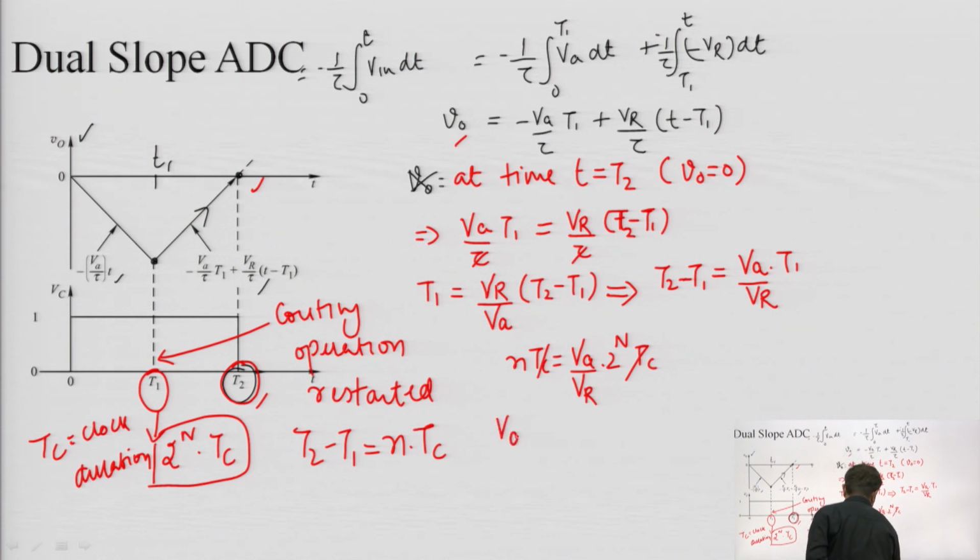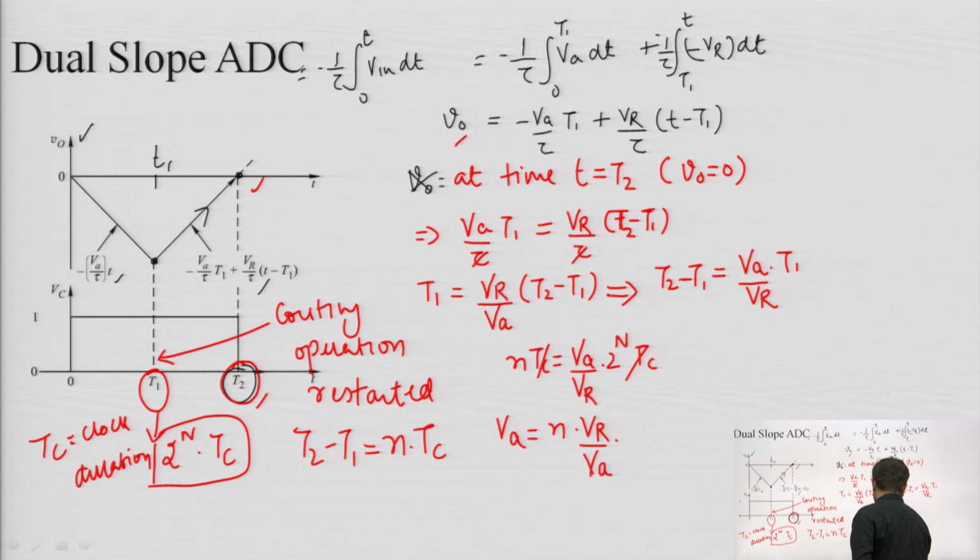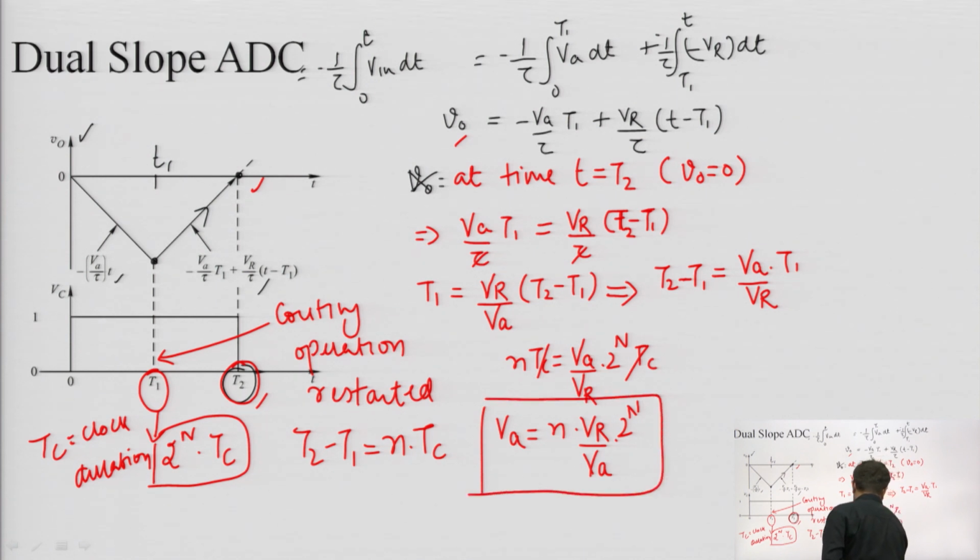So VA ultimately becomes equal to n into VR upon 2 raised to power n.